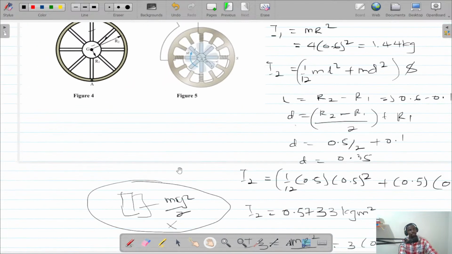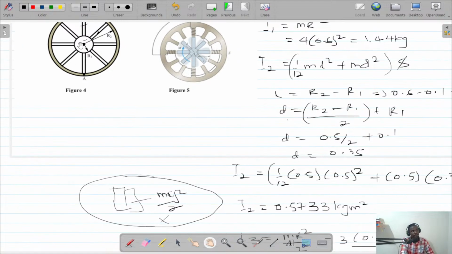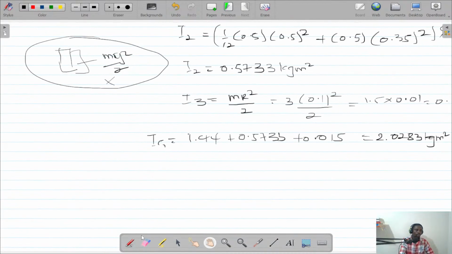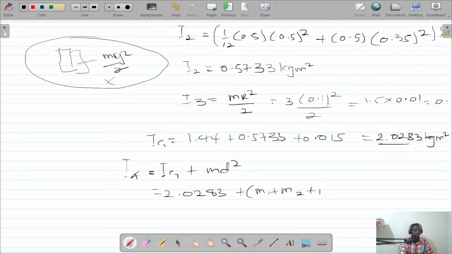All right, so having done this, we're going to look for the moment of inertia about E, right? To find the moment of inertia about E, we need to apply the parallel axis theorem. We know the moment of inertia about G, and the distance between G and E is R2. So IE will be equal to IG plus MD squared, where IG is 2.0283 plus the total mass, which is M1 plus M2 plus M3, and D is R2 squared.